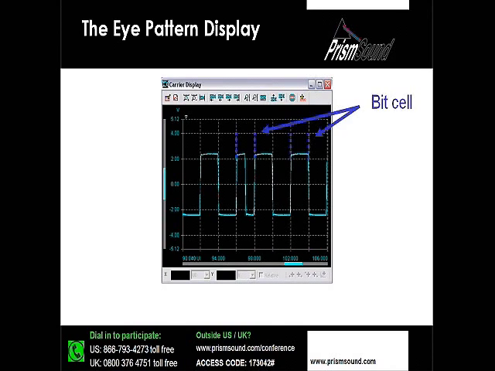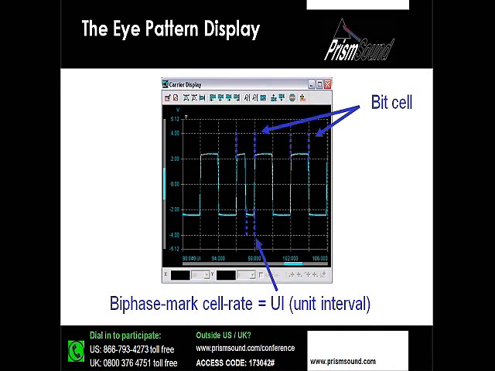So we have a bit cell, and as I mentioned, this bit cell running at 48K has a bandwidth of about 3 megahertz. And then the biphase mark cell rate, in other words, where we have a transition, which would equal a 1, that data rate is actually upwards of 6 megahertz.